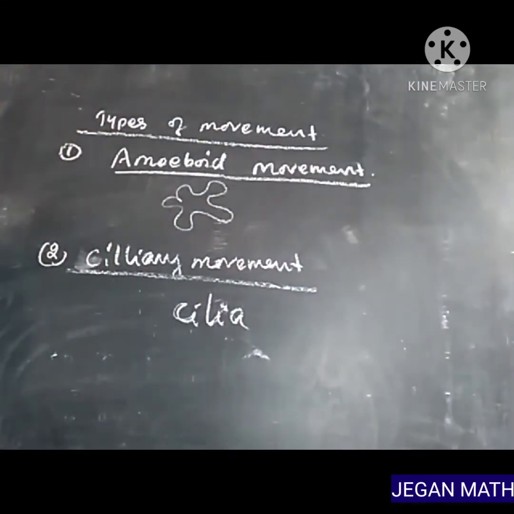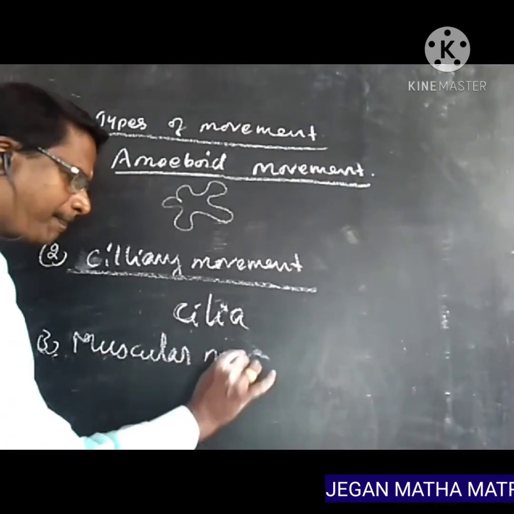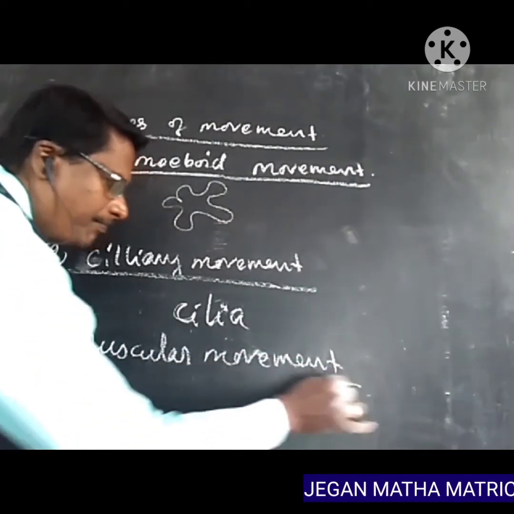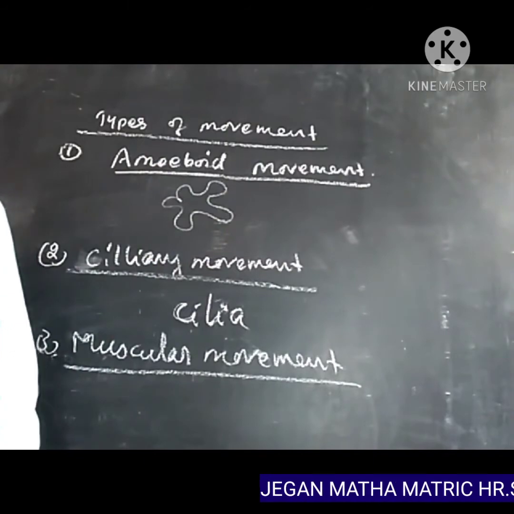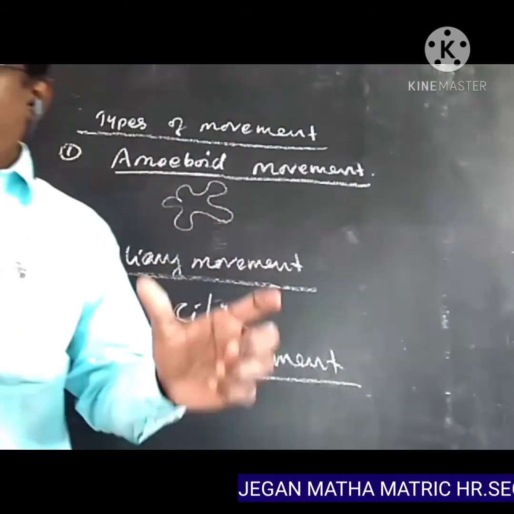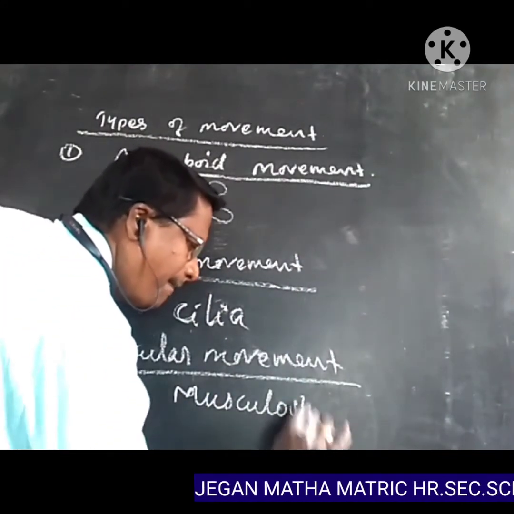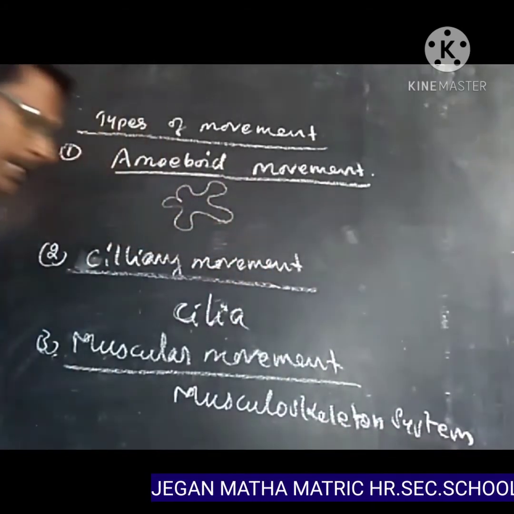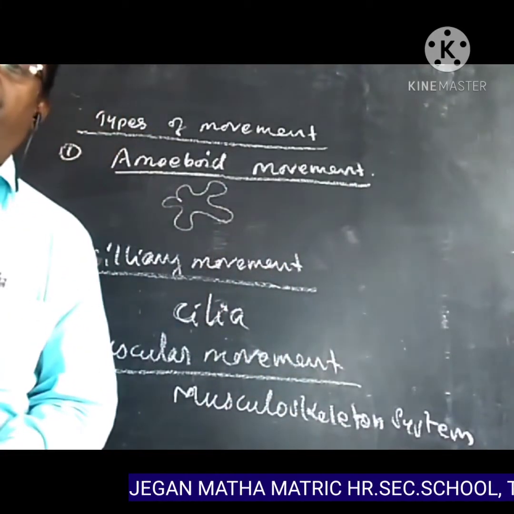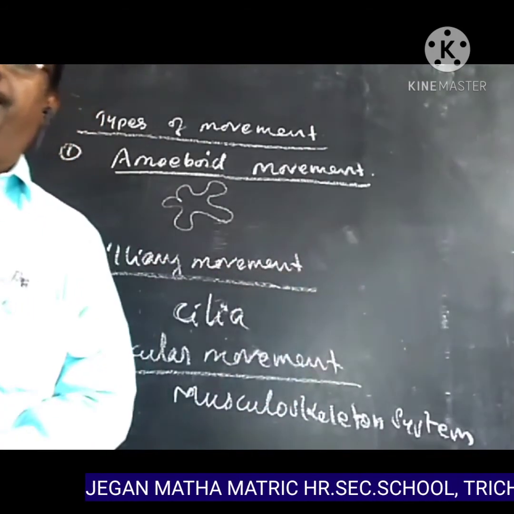The third one is called muscular movement. It is a more complex movement, brought about by the musculoskeletal system, with the combined action of the muscles and the bones, used for the movement of body organs.